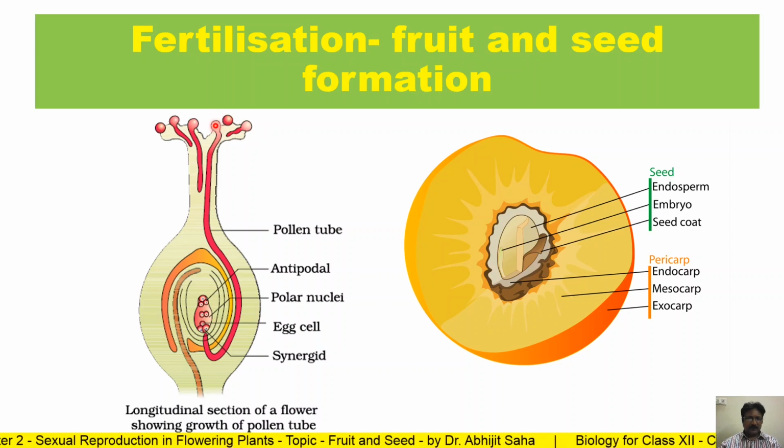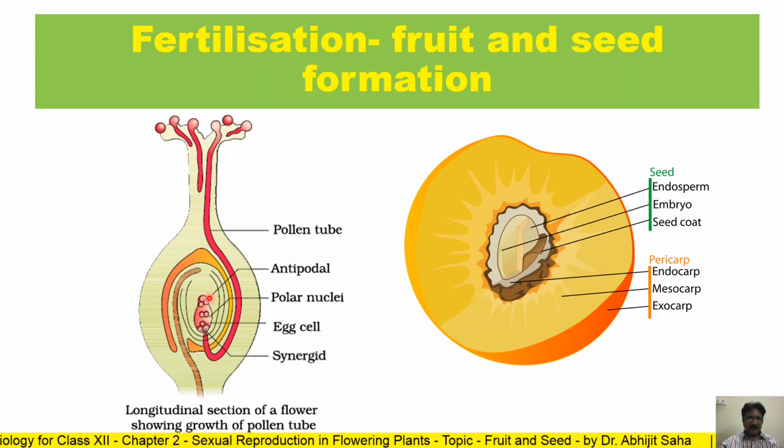The pollen grain, which was having three nuclei, of which two are the male nuclei and one is the tube cell. The tube cell leads, which is followed by the two male nuclei, and it enters into the embryo sac, and here double fertilization and triple fusion occurs, which we have discussed in our previous video.